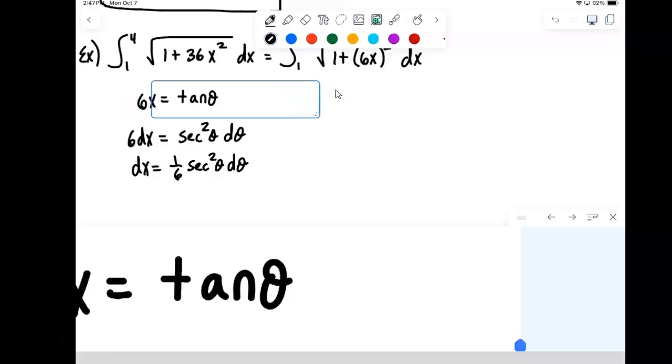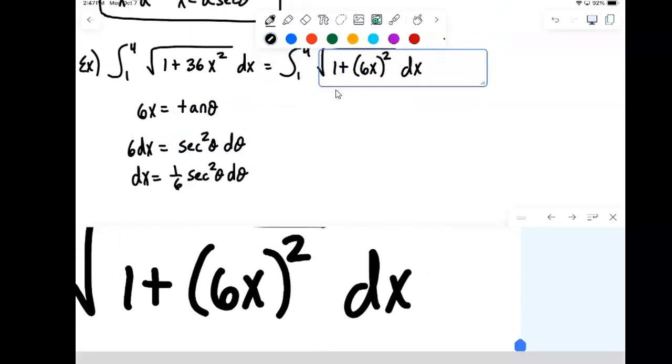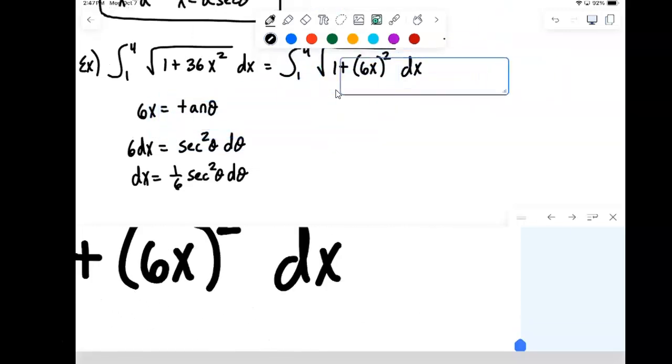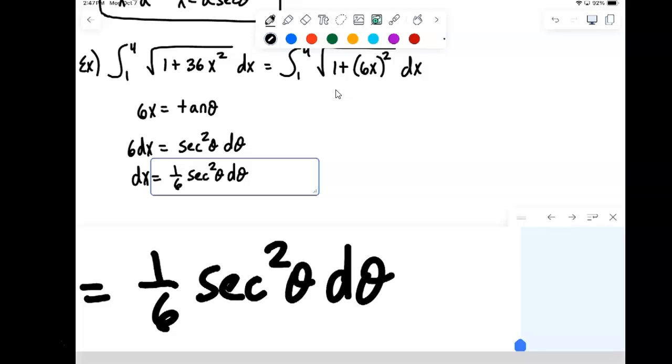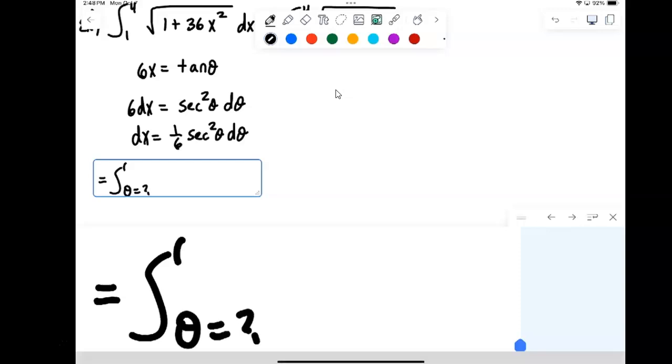Okay, and so now we're ready to start working through the problem. We replace the 6x with tangent, we replace the dx with that stuff, and we work the problem out. Now I'm not going to bother changing my limits of integration from x to theta. I'm just going to leave them off, or if you want, just write theta equals question mark. But usually I just leave them off.